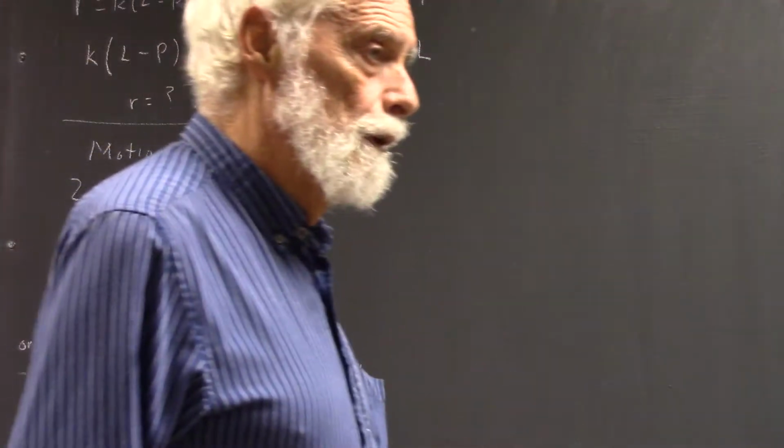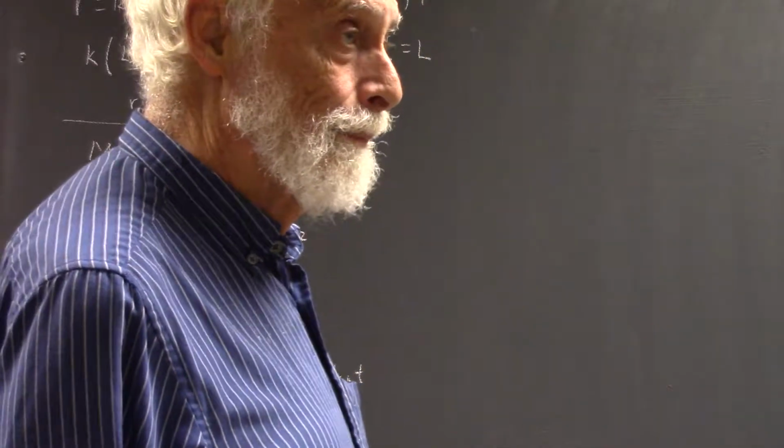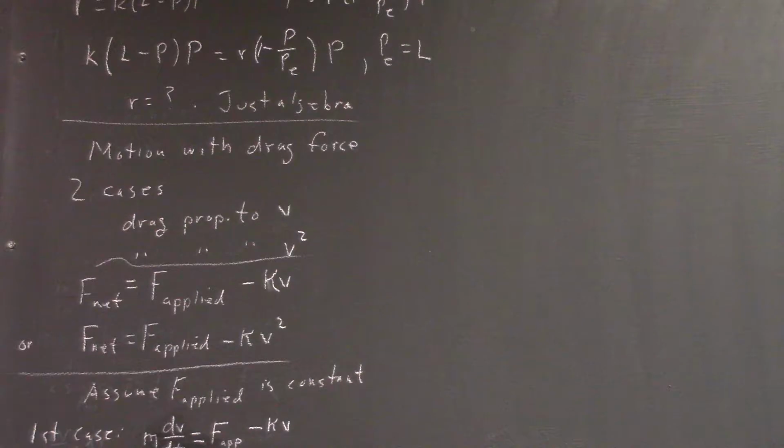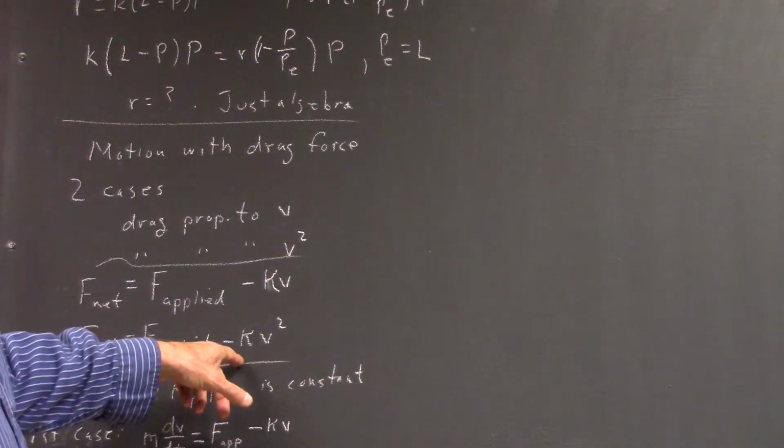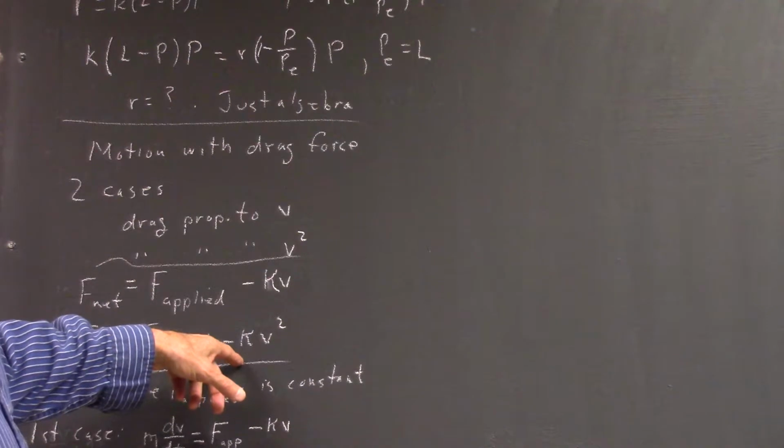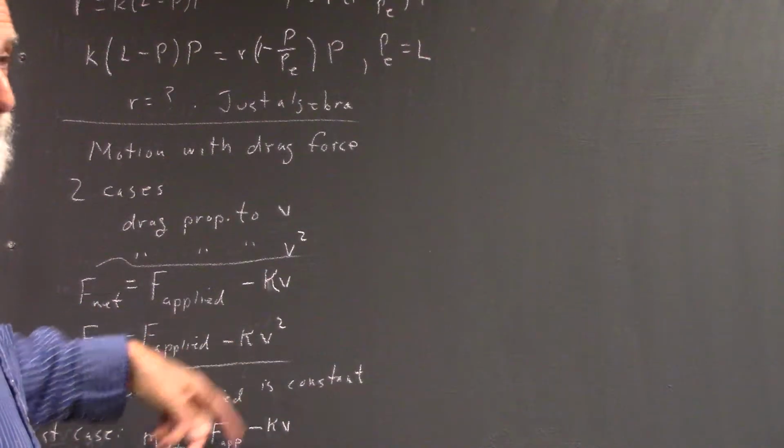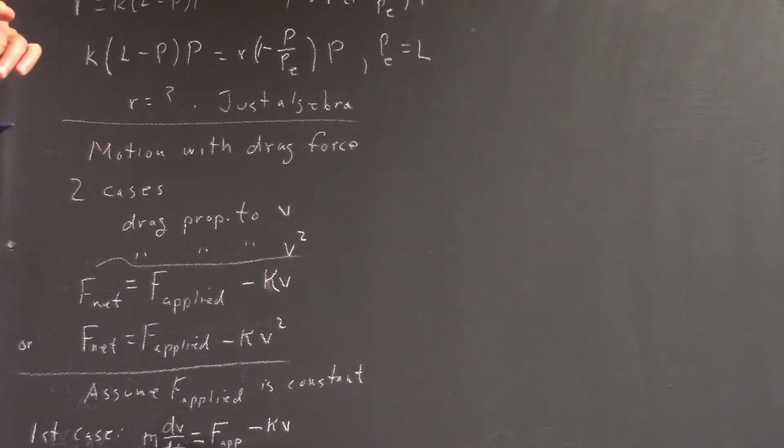Okay, you want to treat it as first order linear non-homogeneous? Sure you can. We're not going to. We're going to treat it as separable, okay? In part because this isn't linear. It's first order, it's not homogeneous, it's not linear.